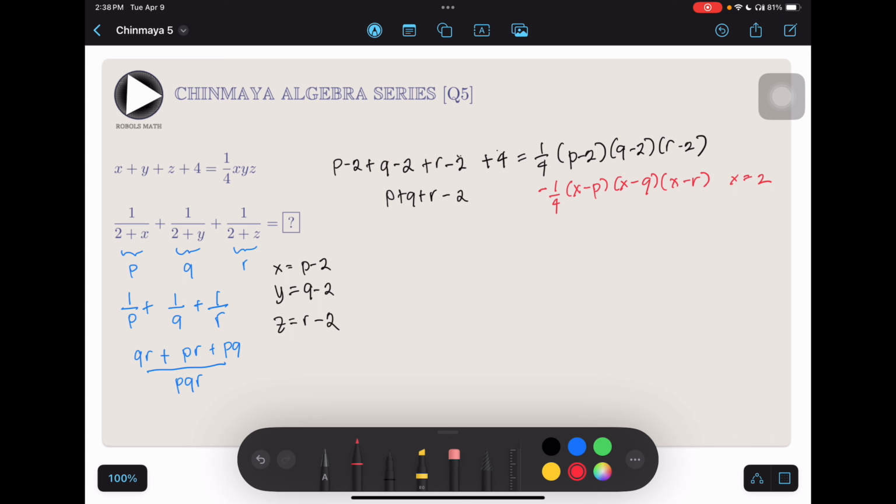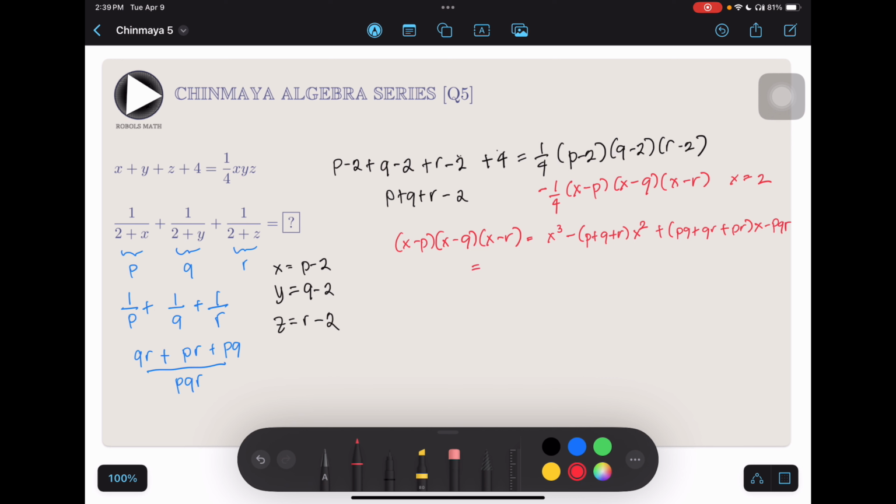Now we have to expand this product, which we know using our Vieta's formulas. We can write this as x cubed minus the sum of the variables taken one at a time, that's p plus q plus r, times x squared, plus the sum of the variables product two at a time, that's pq plus qr plus pr, times x, and then lastly we have the product of the roots, pqr.